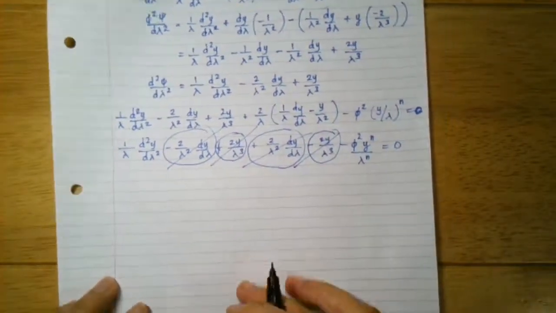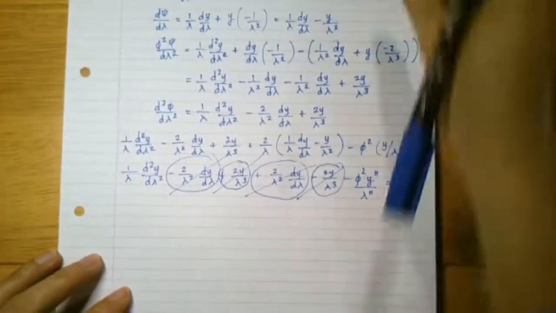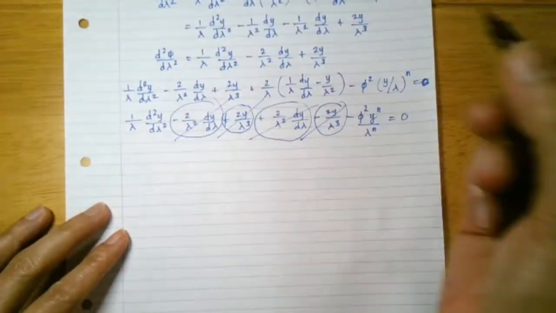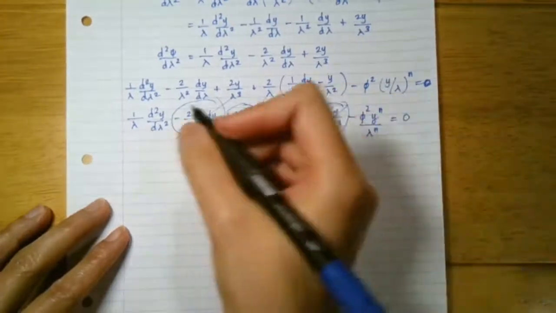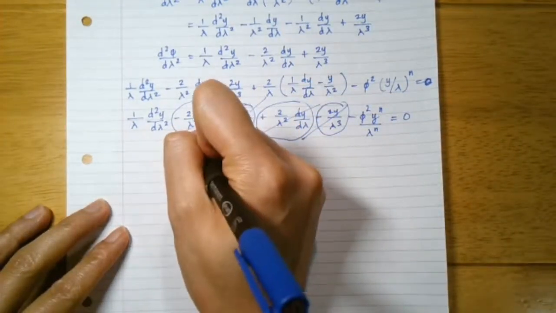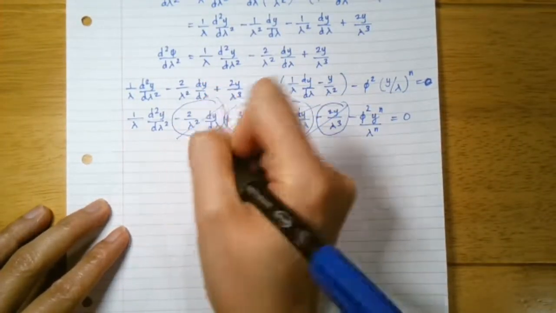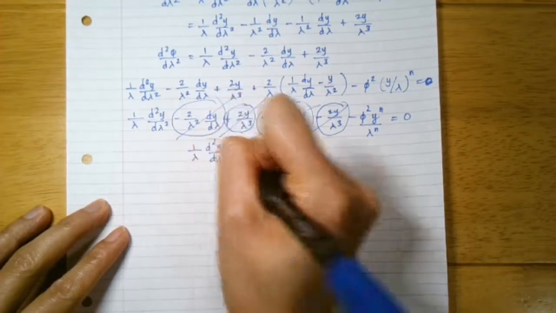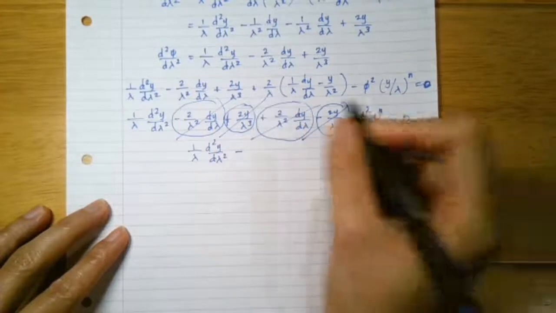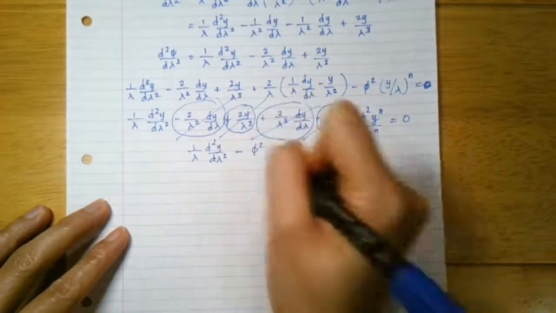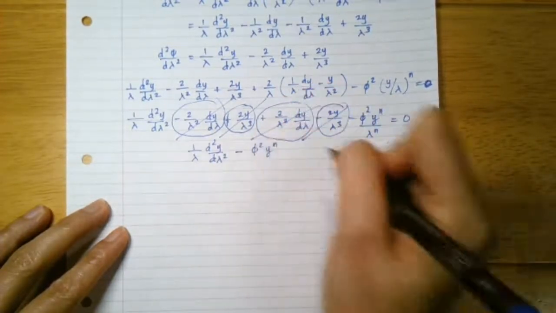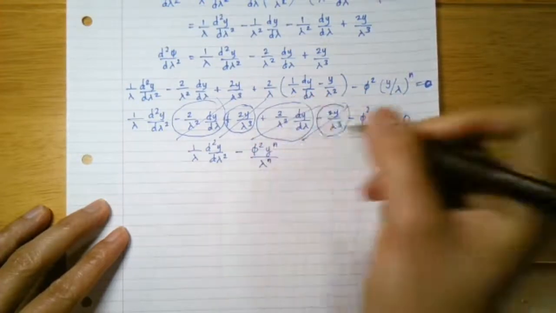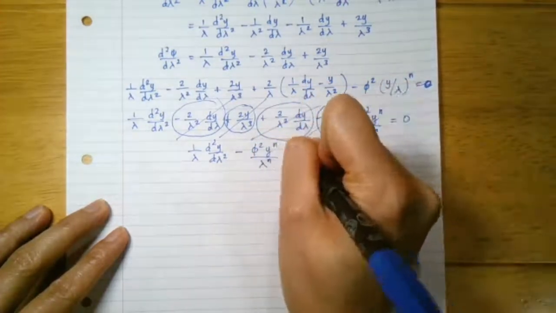Okay, so our expression is now 1 over lambda, second derivative of y with respect to lambda, minus phi squared times y raised to the n divided by lambda raised to n equal to 0.